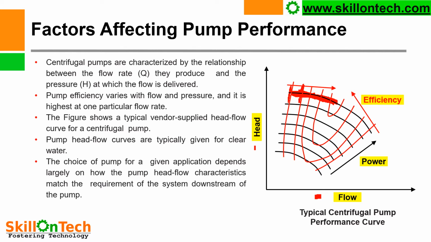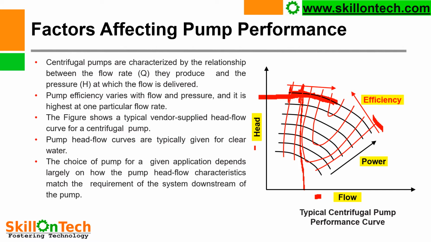If you require this head, then you will get this flow at this point. And you can see the efficiency is increasing. The optimization of head and flow is a must to achieve the highest efficiency at the operating point. The figure shows a typical vendor supplied head flow curve for a centrifugal pump.